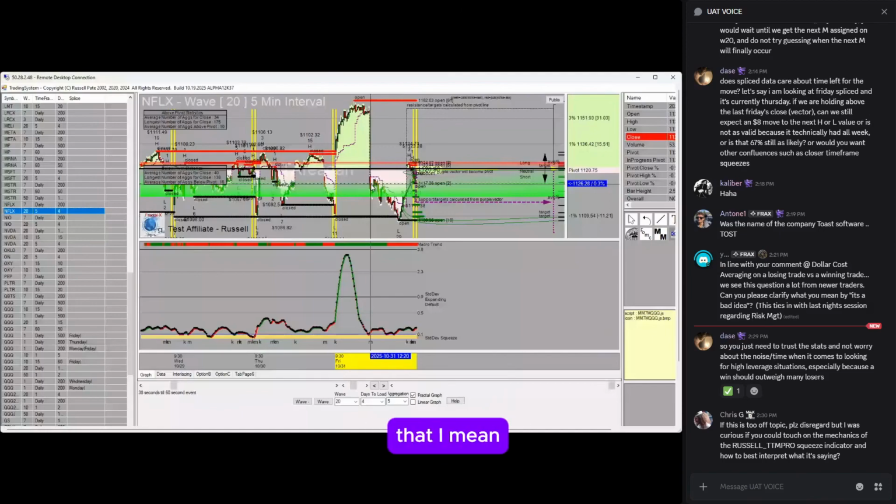You don't know that. Netflix could have kept dropping to 1,000, so it's best to have a plan. I use open states a lot because I dig them. I can see them easily, and I can watch the vector tracking price. I can see price heading towards them.